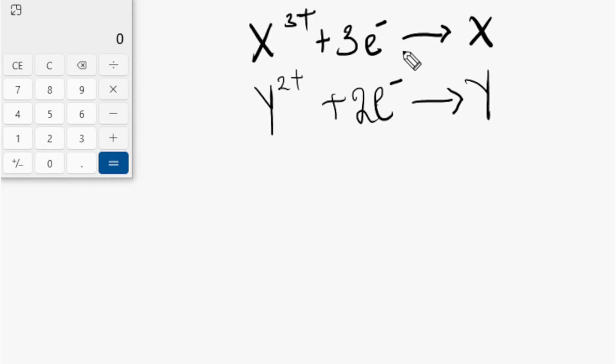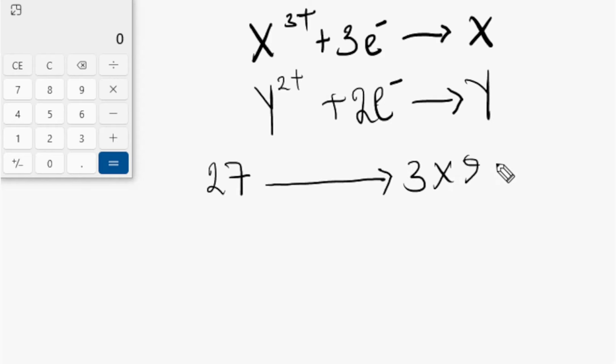So this is how X will discharge and this is how Y will discharge. So having this knowledge, we are going to see, since we are given the atomic masses, the atomic mass of X, which is 27, will require 3 times the Faraday's constant. That's 96,500.